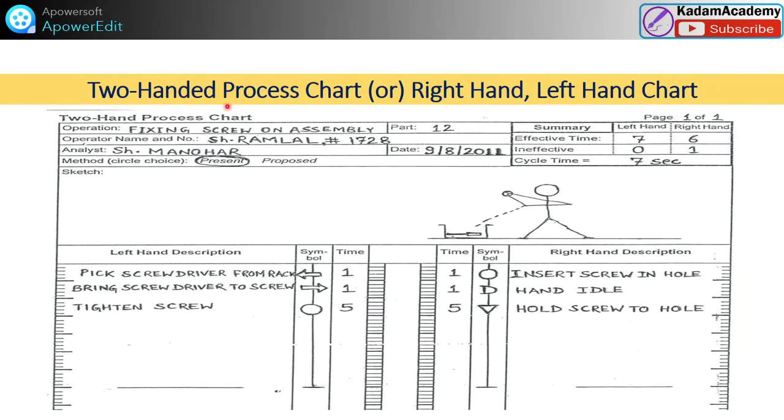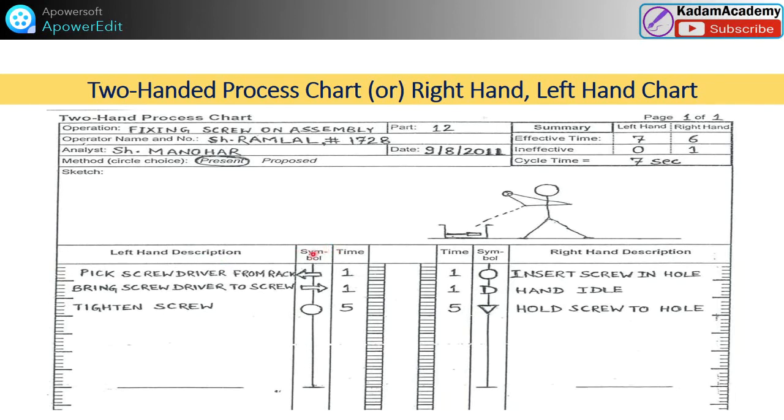An actual two-hand process chart used in industry is shown to clear your idea. The operation is fixing a screw on an assembly. Suppose this is the assembly, and the operator is here, fixing the screw on this assembly. So what is the date, what is the time, what is the cycle time? All of this is shown here.